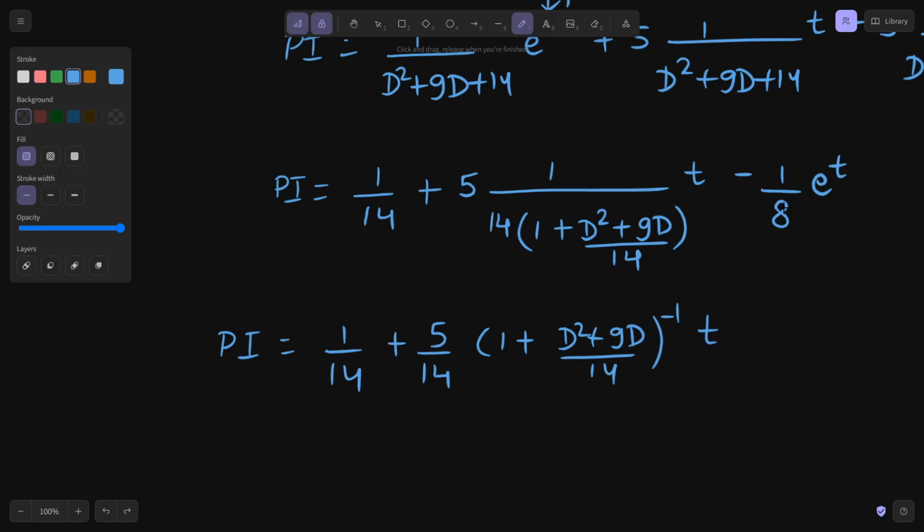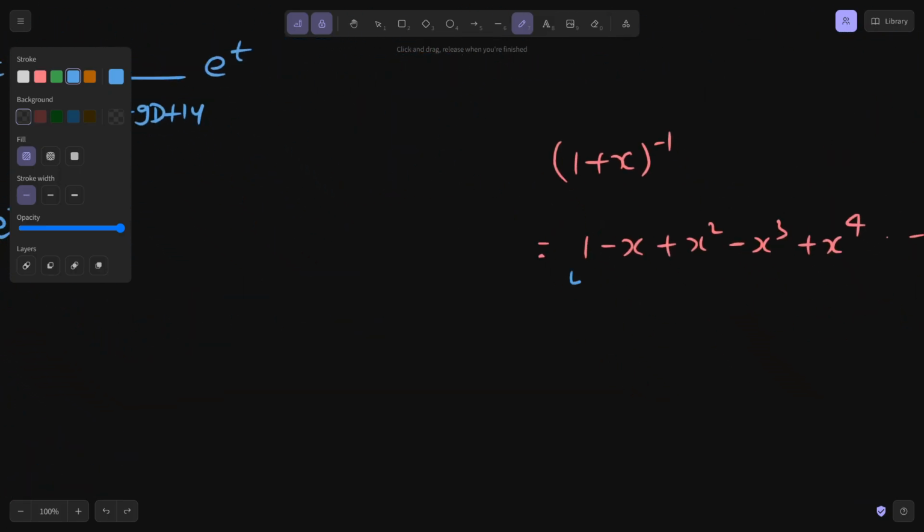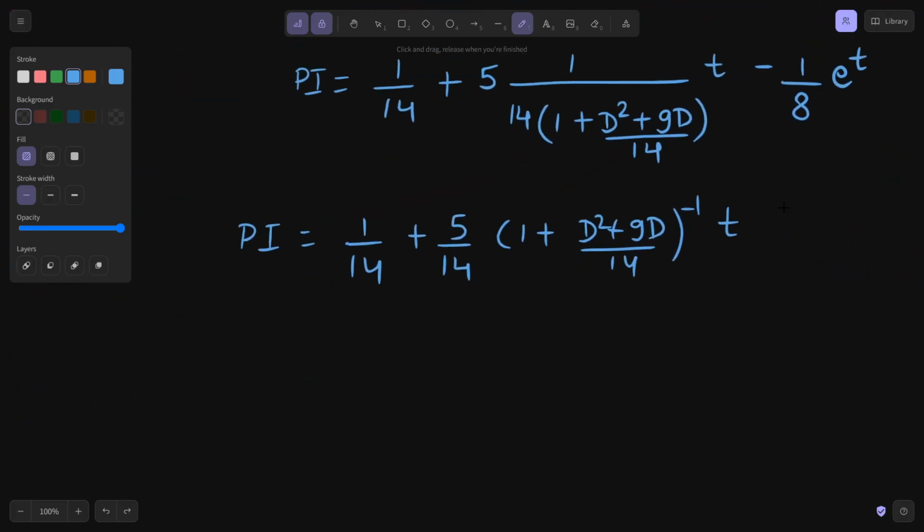So only the first two terms are sufficient, because from there onwards it will become 0. So we only need to expand till the second term, and this is 1 minus 1 by 8 e power t.